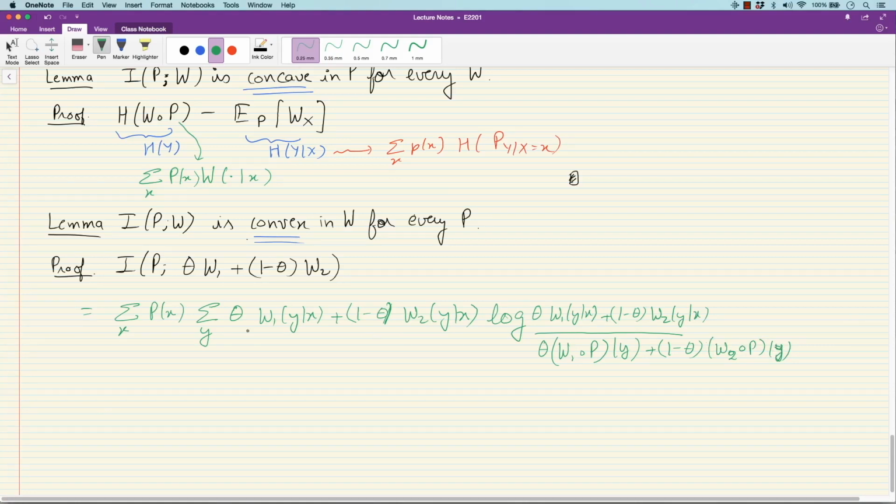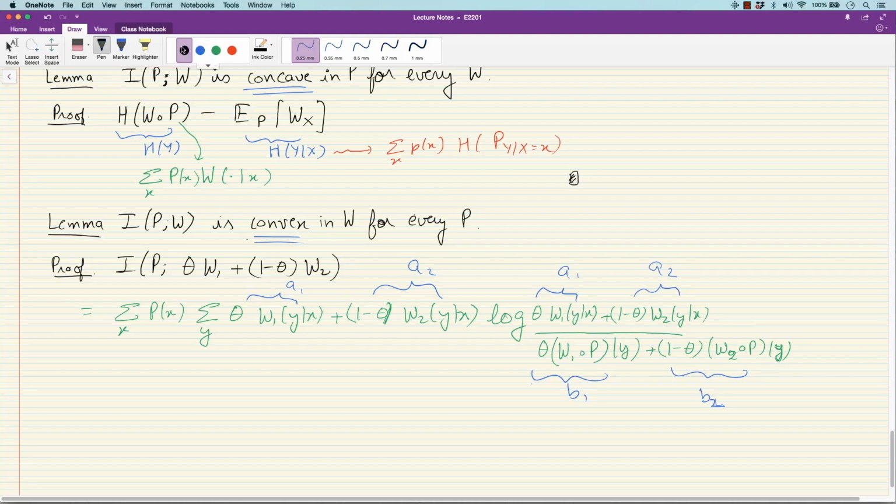Now let's see. This term here is my A1, A2. The same A1, A2 shows up here, and these are my B1 and B2. So I can apply the log sum inequality.